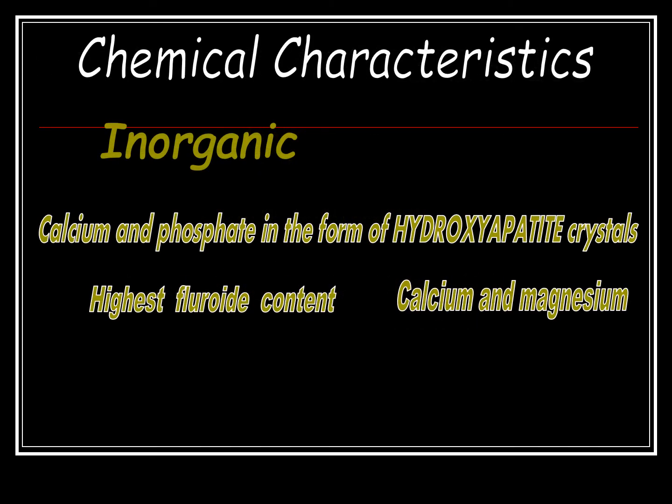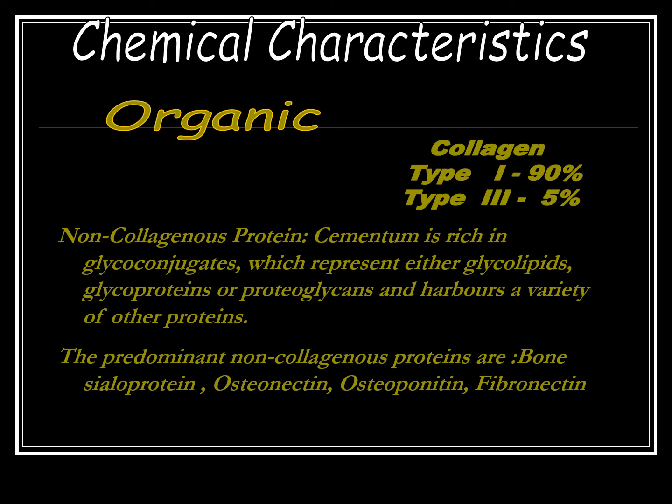The inorganic content in the cementum is calcium and phosphates in the form of hydroxyapatite crystals. It has the highest fluoride content and has calcium and magnesium. The organic content contains type 1 and type 3 collagen fibers. The predominant non-collagenous proteins are the bone sialoproteins, osteonectin, osteopontin, and fibronectin.